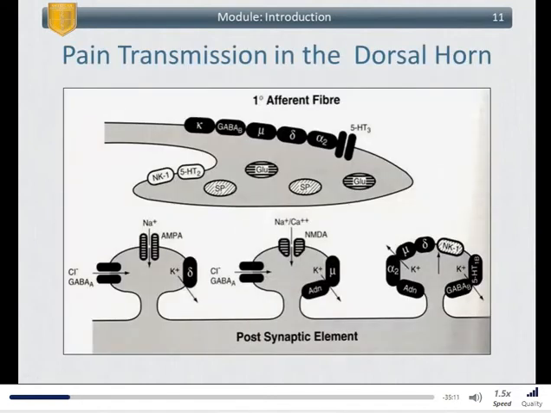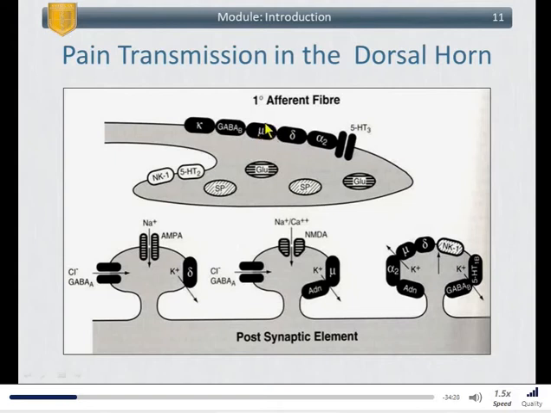In that dorsal horn, if this is the top being the primary afferent coming from the periphery, this is the synapse now in the dorsal horn, and it has to activate the postsynaptic terminal, which is the start of the second order neuron that's going to continue that pain signal up to the brain. So if we kind of blow that up and look at it, this is obviously a tiny fraction of the different kinds of neurotransmitter receptors that are on these nerve terminals, and the dark ones are inhibitory.